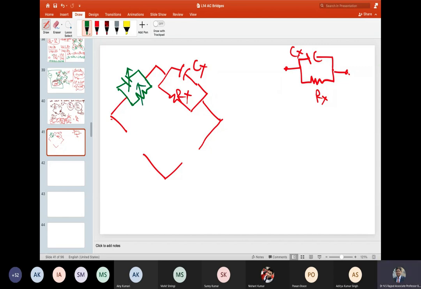So I have taken another thing which is symmetric, and on this side I can take simply resistive. So R3 and R4 are this, and this is Z1. Okay. So now what will happen?